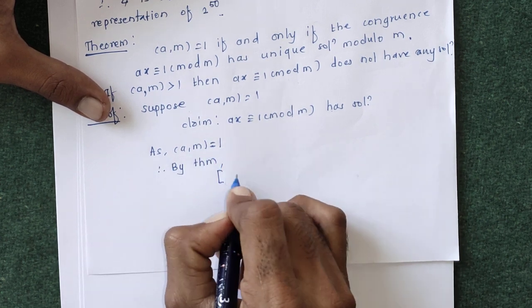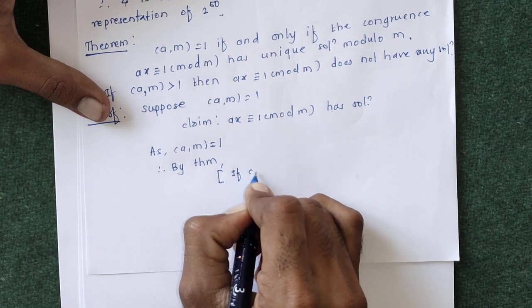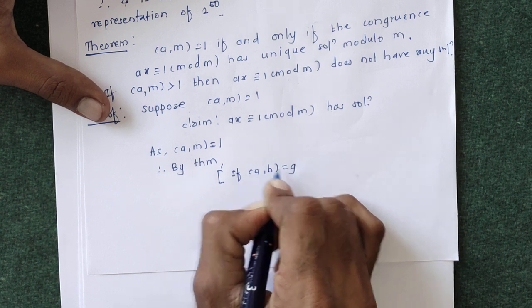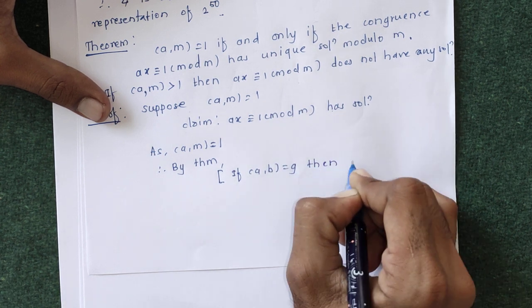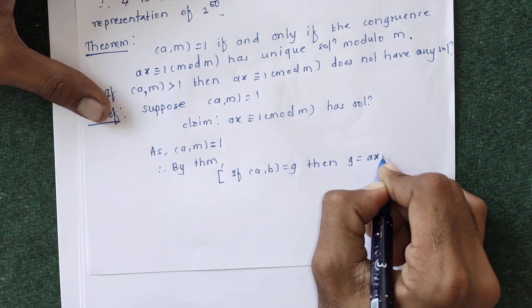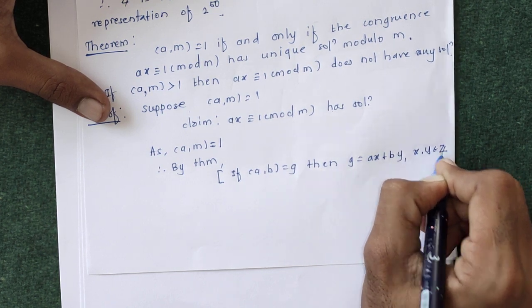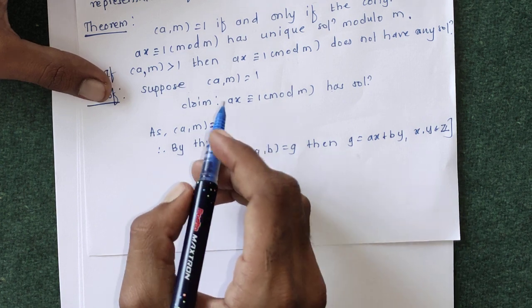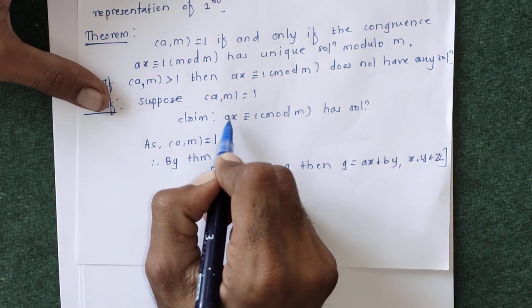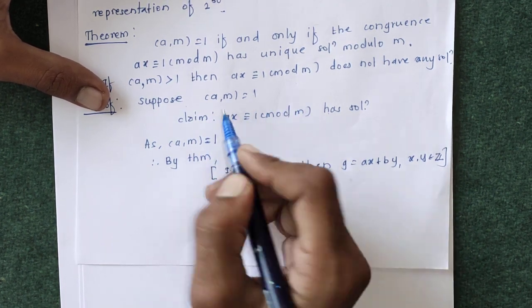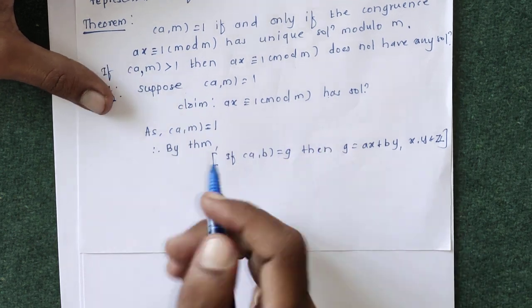The theorem states that if G is the GCD of A and B, then we can express G as a linear combination of A and B with x, y belonging to Z. Using this result, we are going to prove Ax is congruent to 1 mod m. Since x is already taken, we will use another notation.